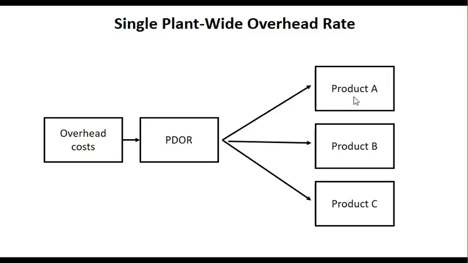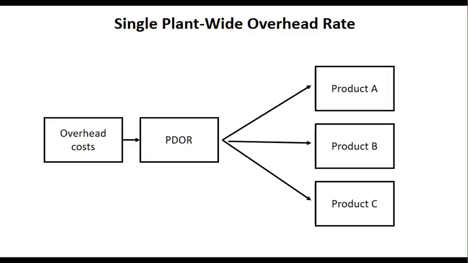As an example, if product line A requires machine hours, product line B requires machine hours, and product line C requires machine hours, it may be best to allocate overhead based upon machine hours. The machine hours would be our cost driver for our overhead cost. So to determine the predetermined overhead rate, we take our total overhead cost, divide it by the cost driver, and then allocate it out based upon the amount of, in this case, machine hours each different product line would use.